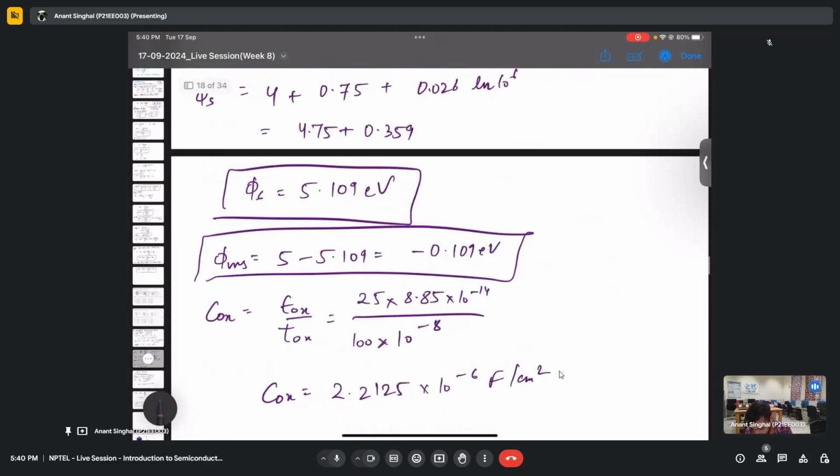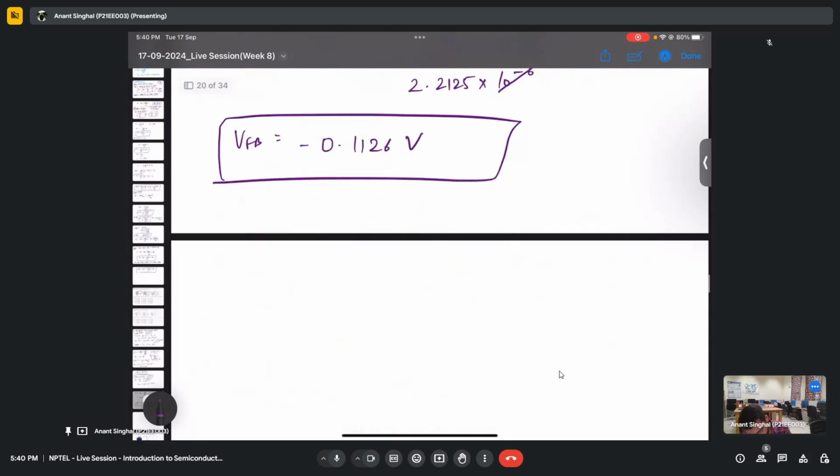The second part that we need to do is the depletion region. By depletion region, I am referring to the maximum depletion width. So this is now the direct case. The formula is under root 4 epsilon_s phi_f by q N_A. So we have everything.